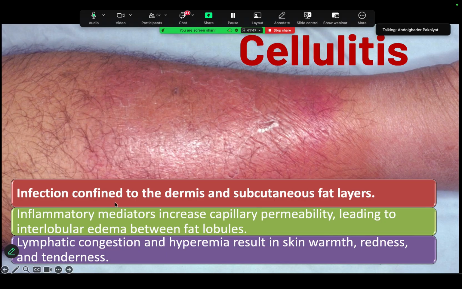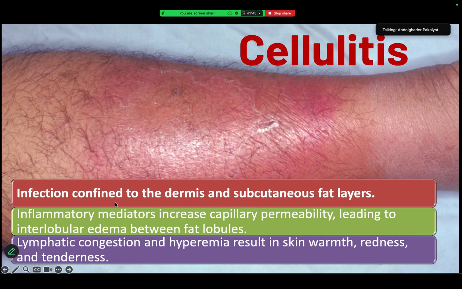Cellulitis is the infection that involves the dermis and subcutaneous fat layer. Because of inflammatory mediators, the capillary permeability increases, leading to intralobular edema between fat lobules, and we have lymphatic congestion and hyperemia.